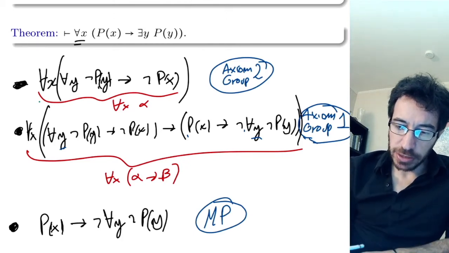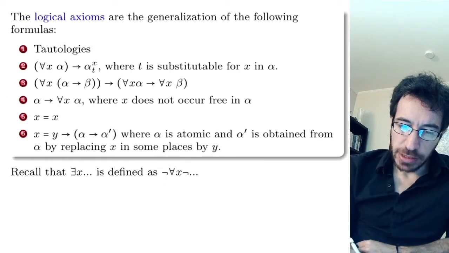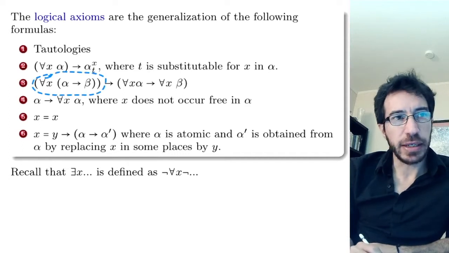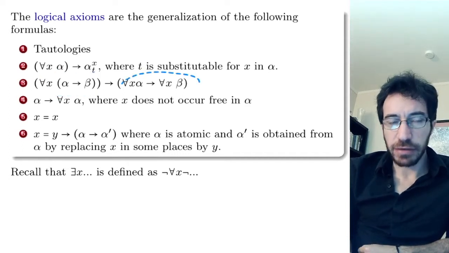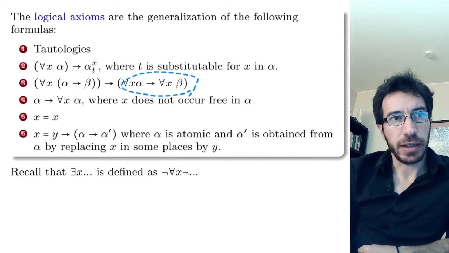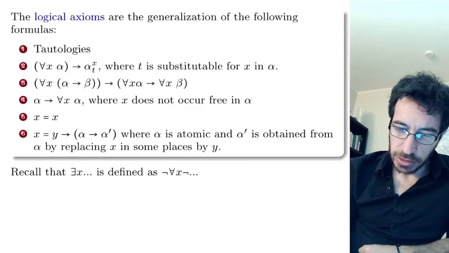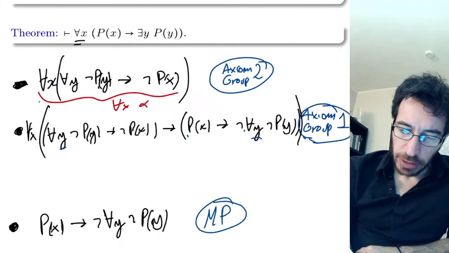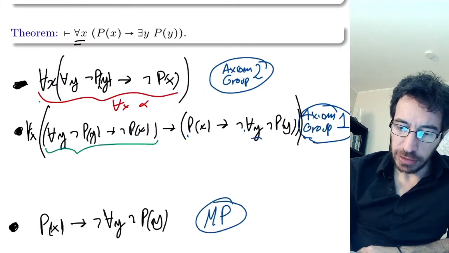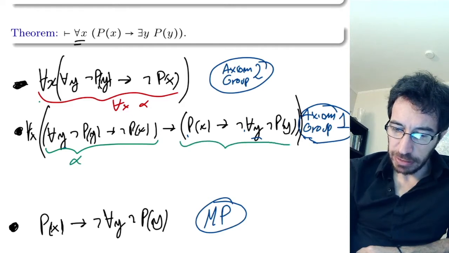But there is this axiom up here that says that if you have for every x alpha implies beta, you can obtain for every x alpha implies for every x beta. So let's do that. I'm going to be lazy and call this alpha and this beta.